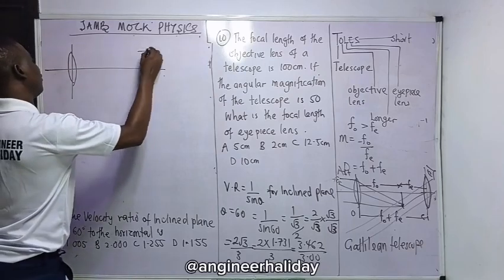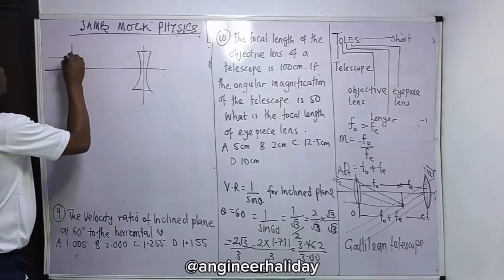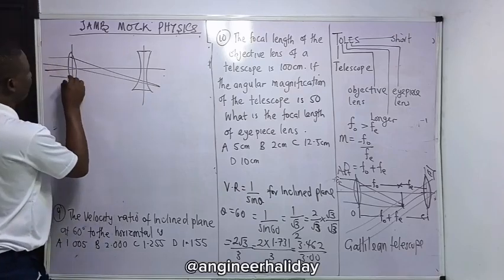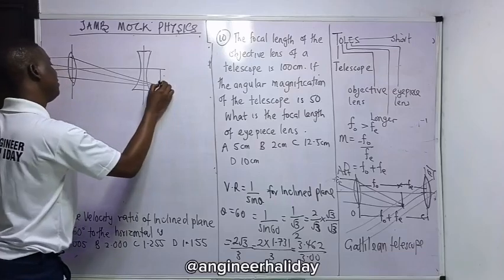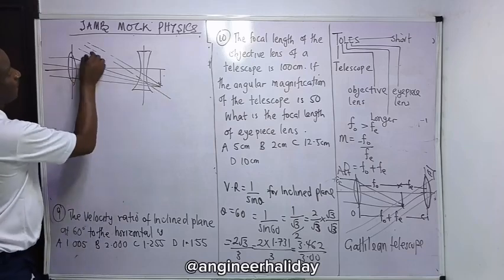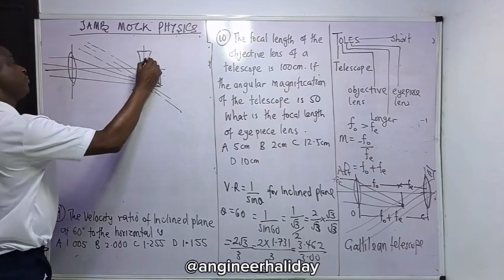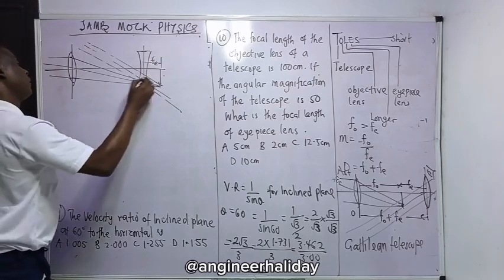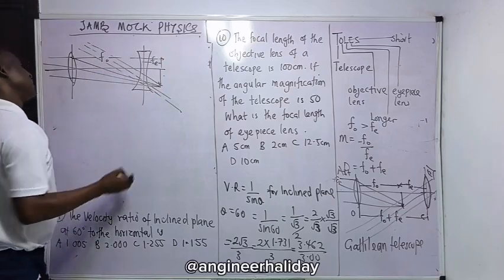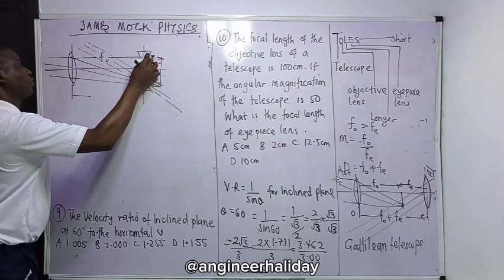This is a rough sketch of how it works. It carries the image from infinity and produces it like this, and the image will then be sent like this to infinity. Now from here to here is fe, while from here to this place is f naught.